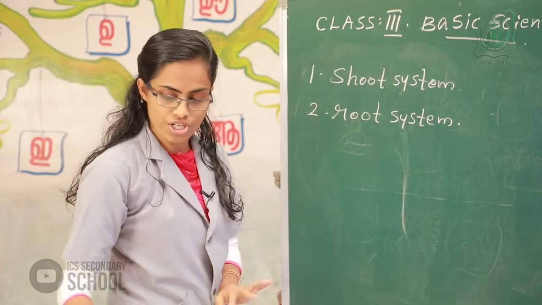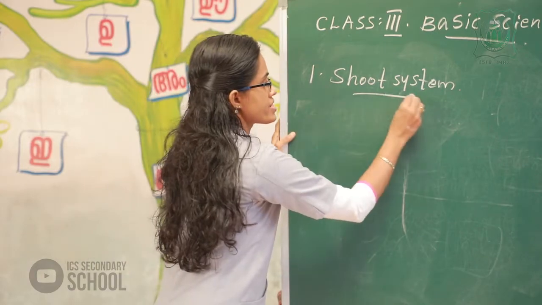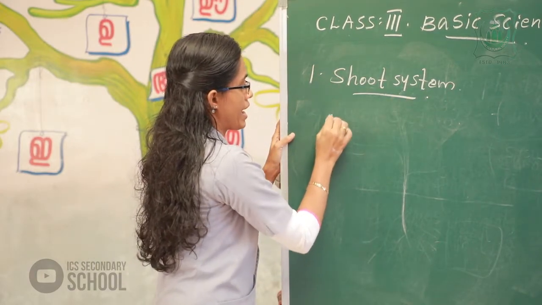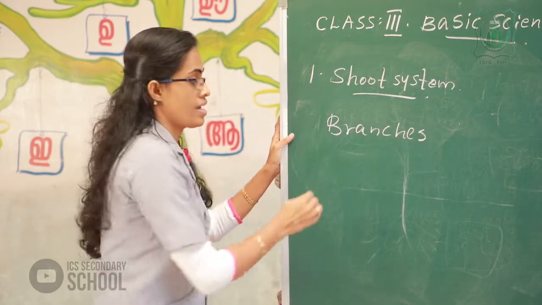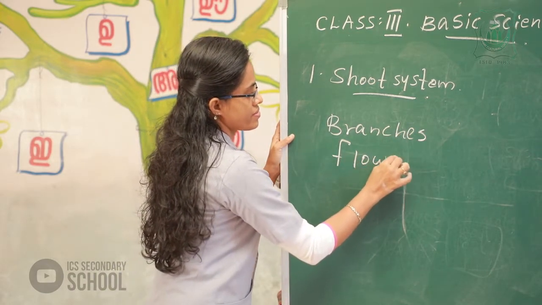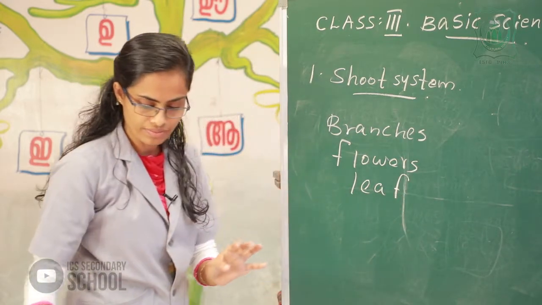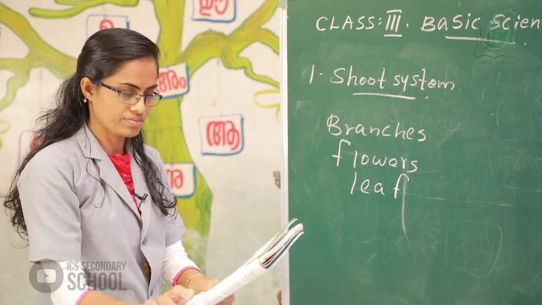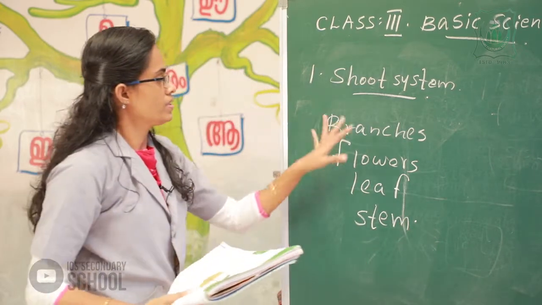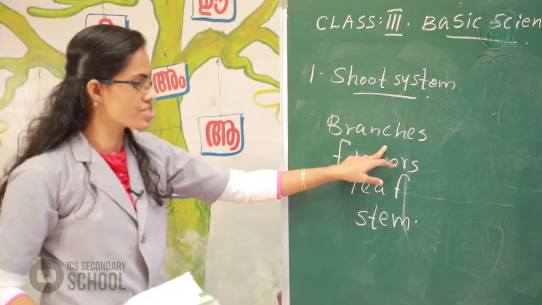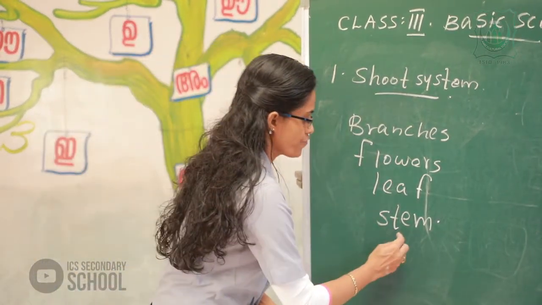First you have to study shoot system. The shoot system consists of branches, flowers, leaf, stem and fruit.